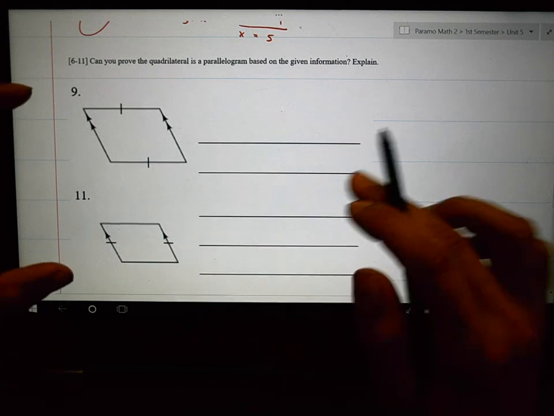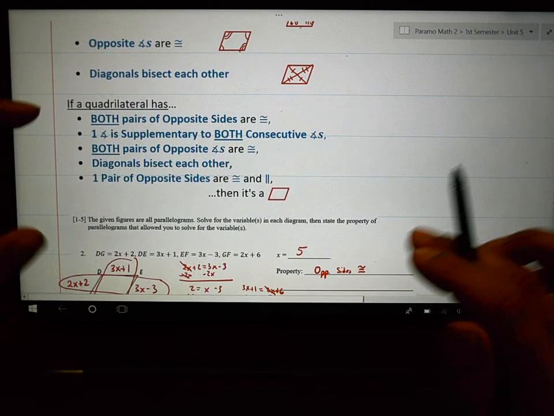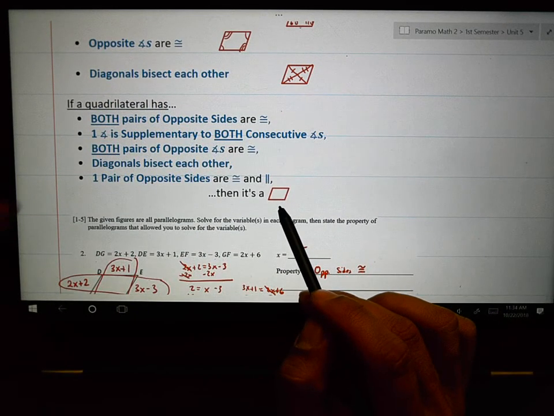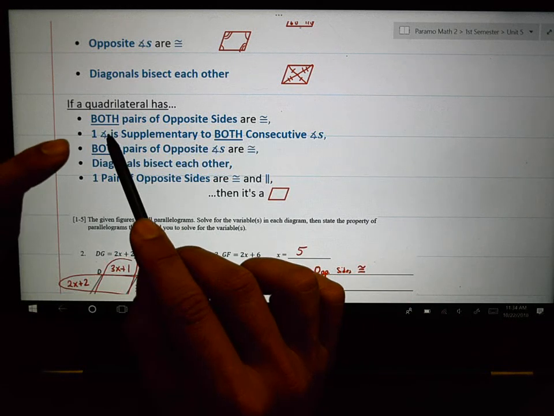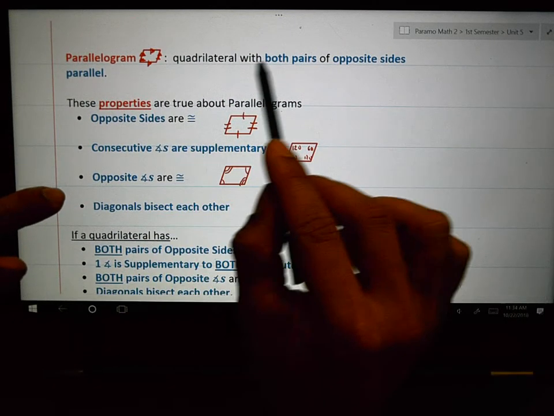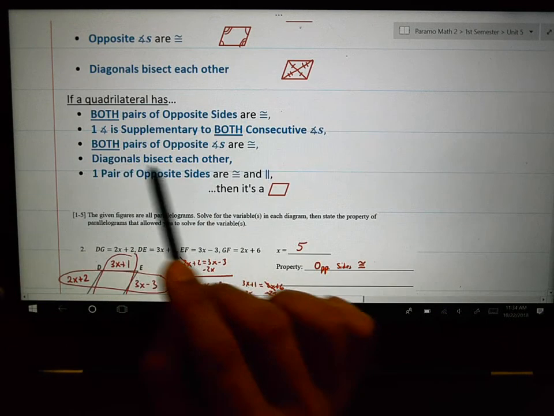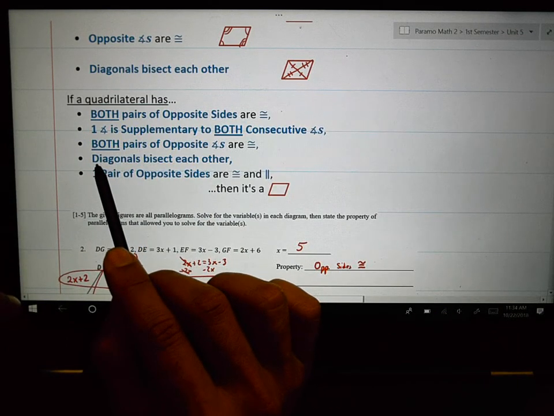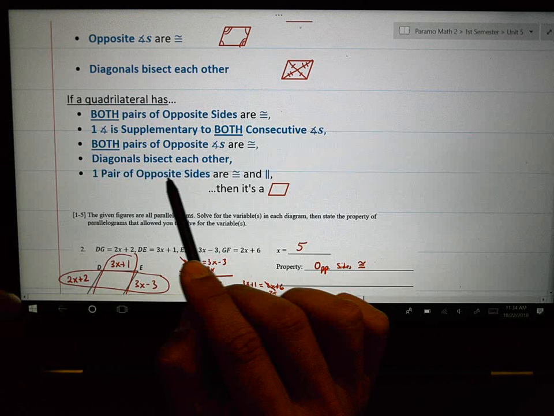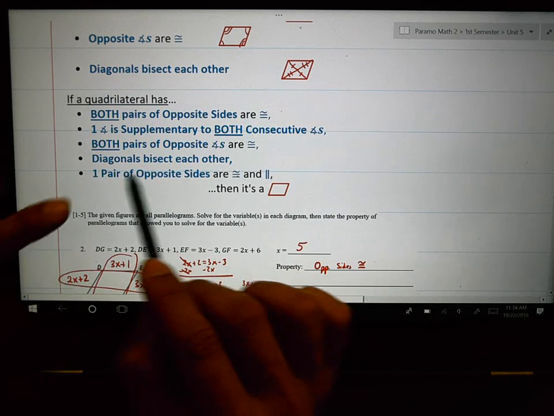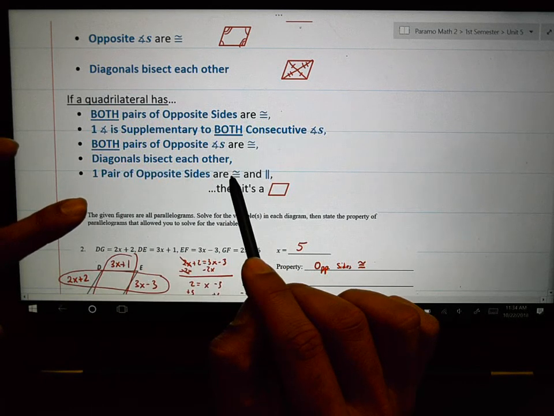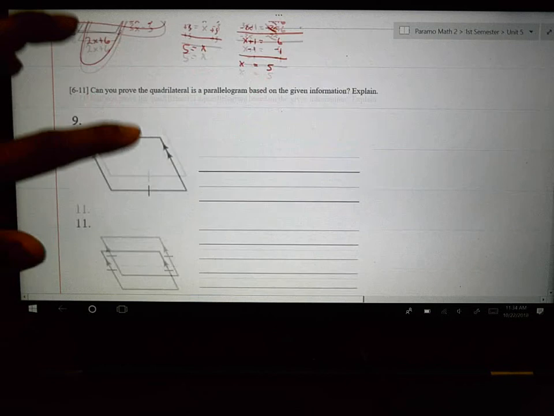So I'm going to go back up to my notes, what I had you write down. If I'm trying to decide if it's a parallelogram, I have to say, well, are both pairs of opposite sides parallel? That's the definition. Or, let's see, one pair of opposite sides are congruent and parallel. Let me see about that one.